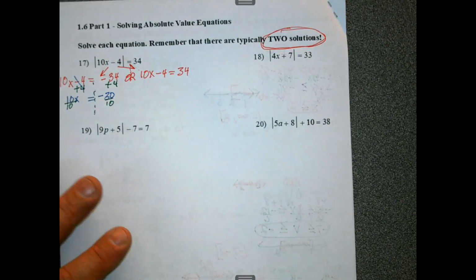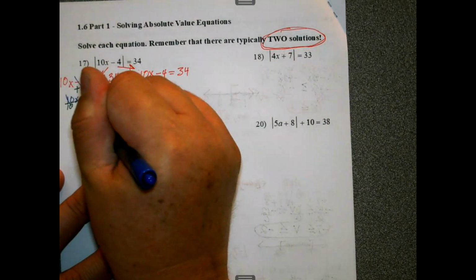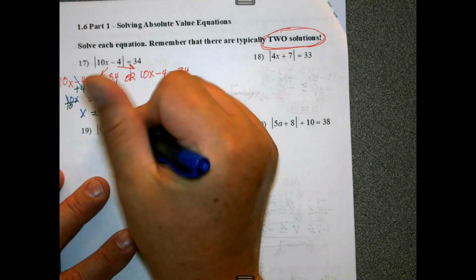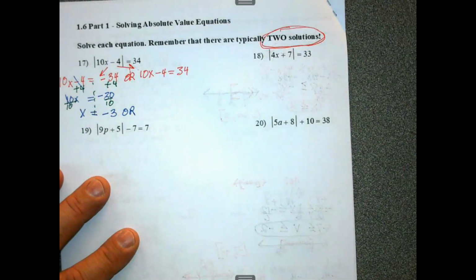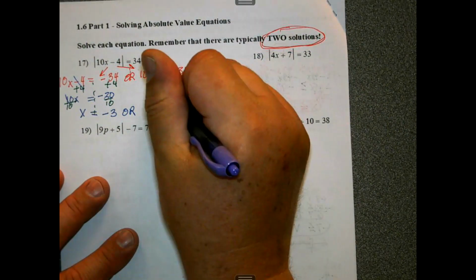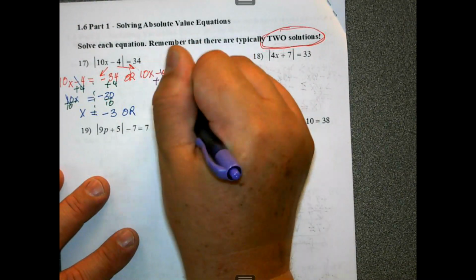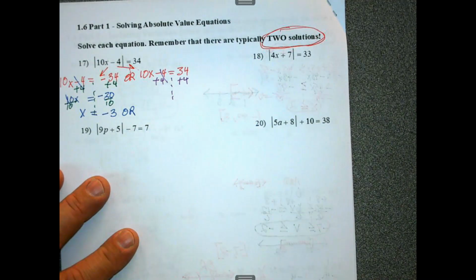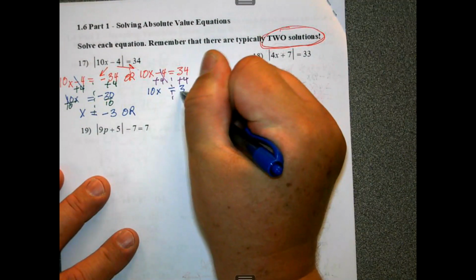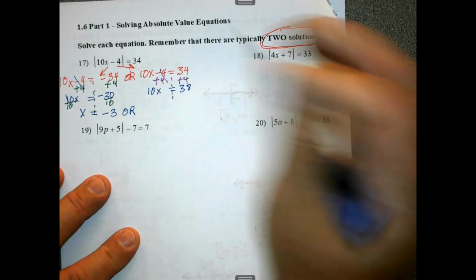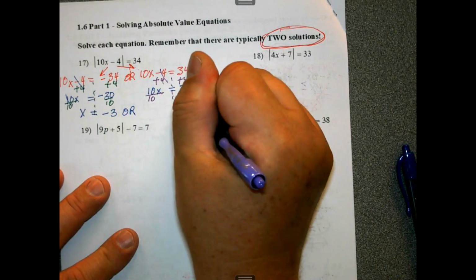So x is equal to negative 30 divided by 10, which is negative 3. Or, add 4, add 4, 10x equals 38, divide by 10, divide by 10.